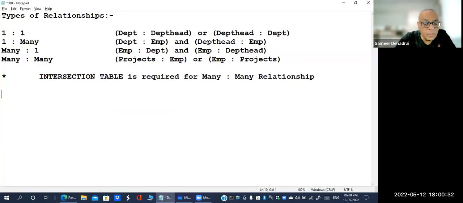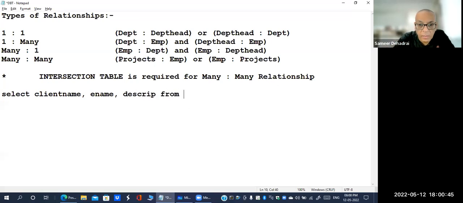So here is the thing. Suppose I want to see the client name and the e-name and a description of the project. I will select from all the three tables. See the order of the tables here.